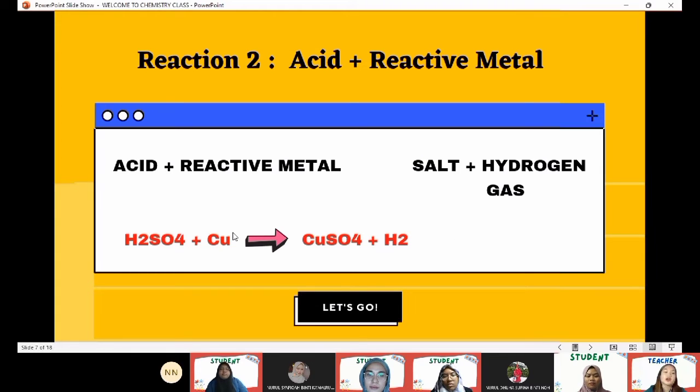For example, sulfuric acid reacts with a reactive metal, which is copper. The H2 comes from the sulfuric acid, and your salt will come from copper combined with sulfate from sulfuric acid.